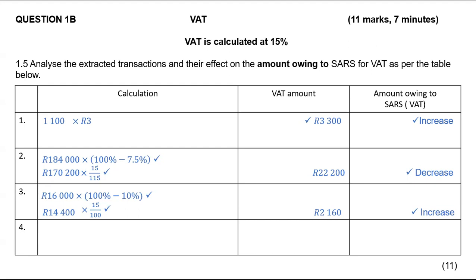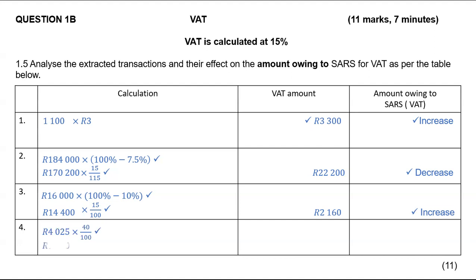The amount that we didn't collect is 40 cents for every Rand we sold. So of that 4,025, we did not collect 40 cents in the Rand. We can't say that 40 cents will result in VAT output because we did not collect it. We cannot say it's payable to SARS.